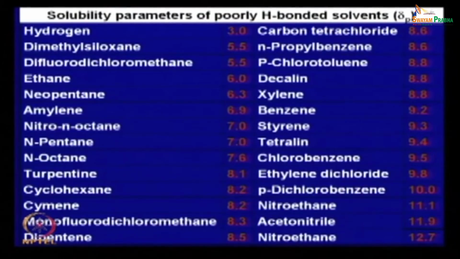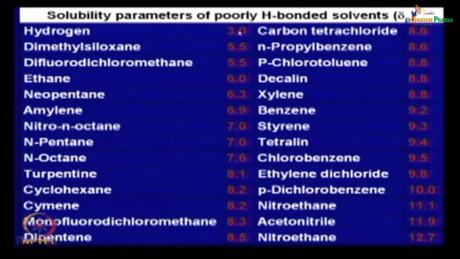Look at the solubility parameter values which were calculated or experimentally determined. For hydrogen it is 3, for dimethyl siloxane it is 5.5, difluoro-dichloromethane 5.5, ethane 6.0. Okay.